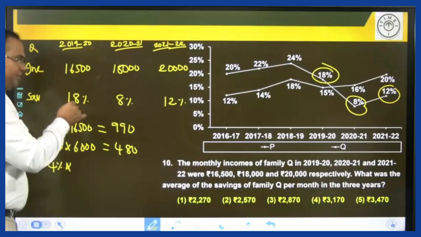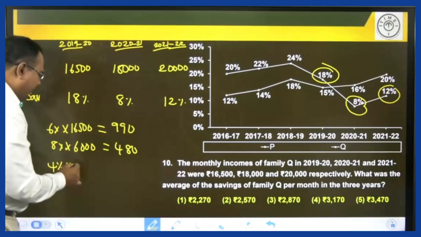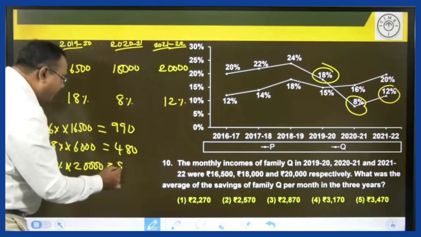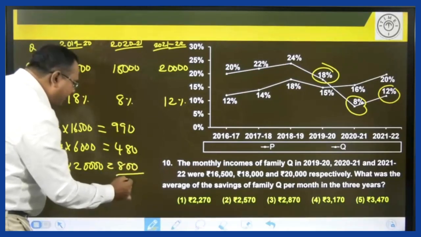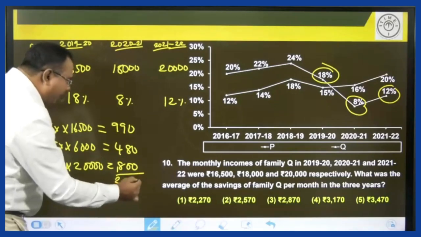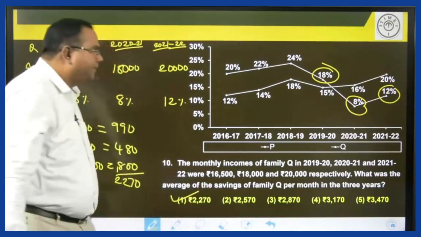Either the percentage should be divisible by 3 or the value is divisible by 3. 4% of 20,000 is 800. 990 plus 480, 1470, plus 800 gives 2270. 2270 is present in choice 1.